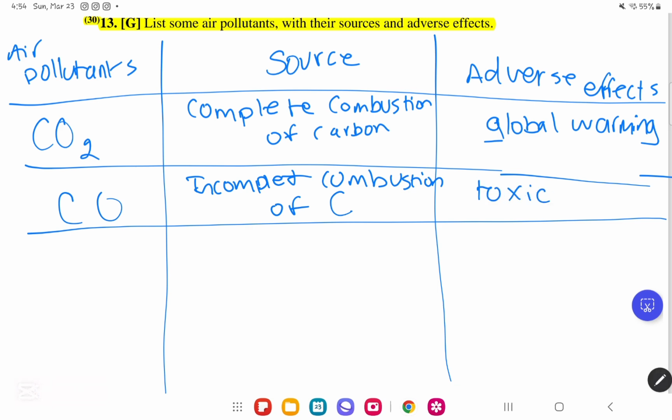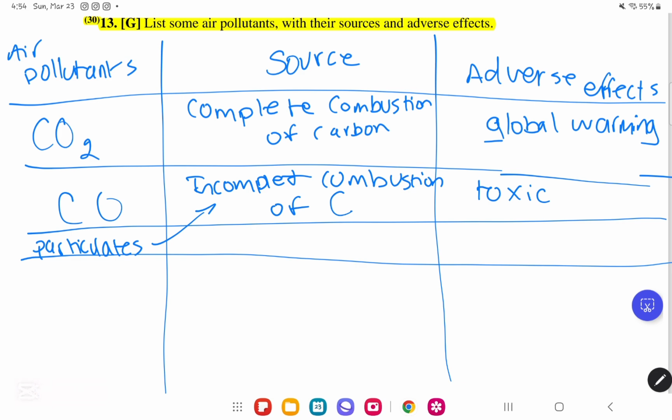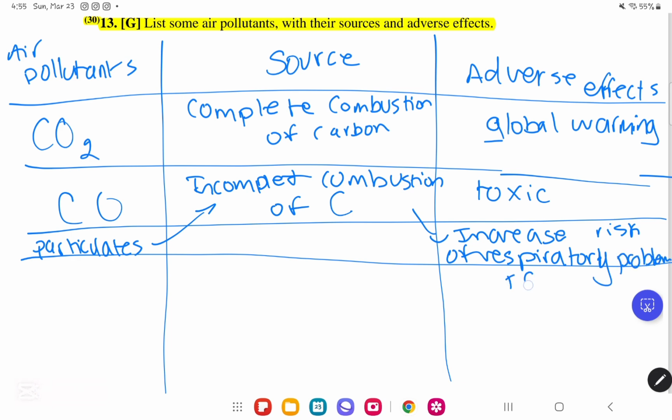Also, we mentioned particulates. Okay, what about particulates? Particulates are also formed by the incomplete combustion of carbon, but particulates increase risk of respiratory problems, in addition to cancer.